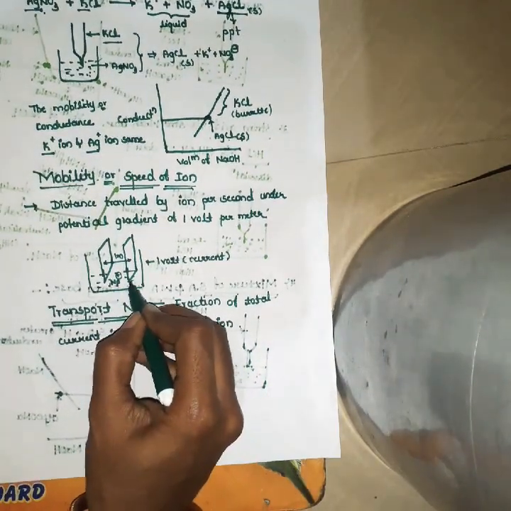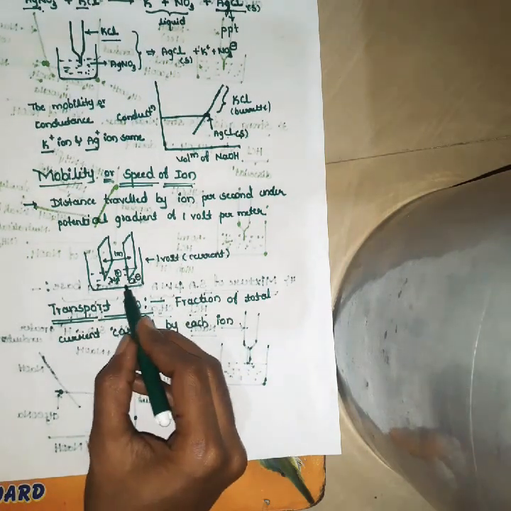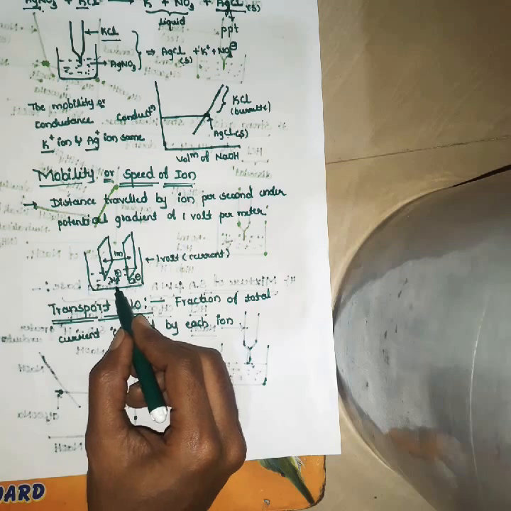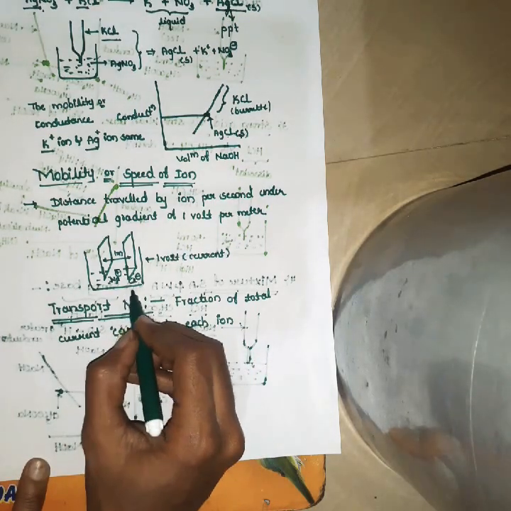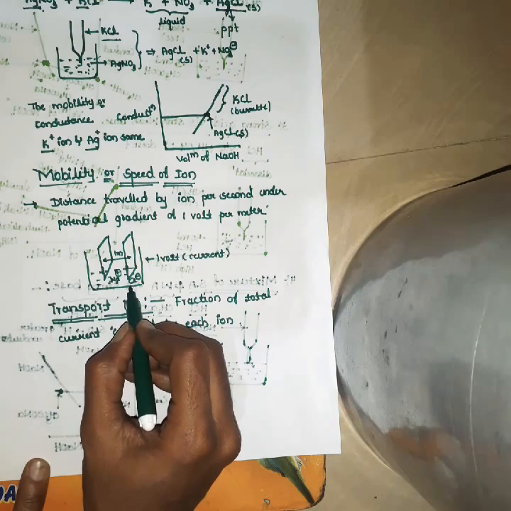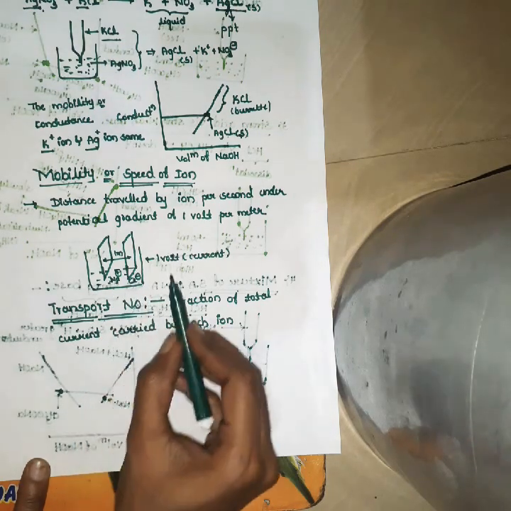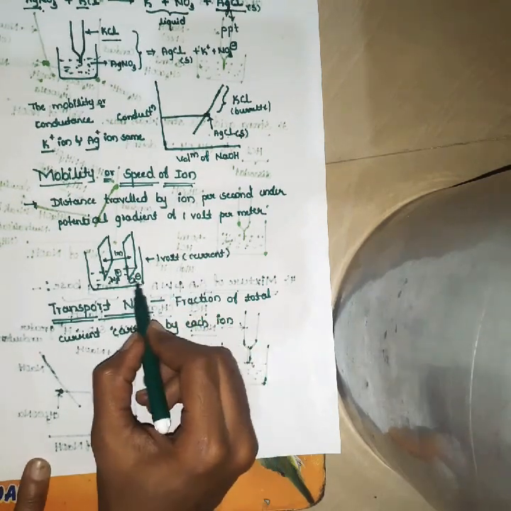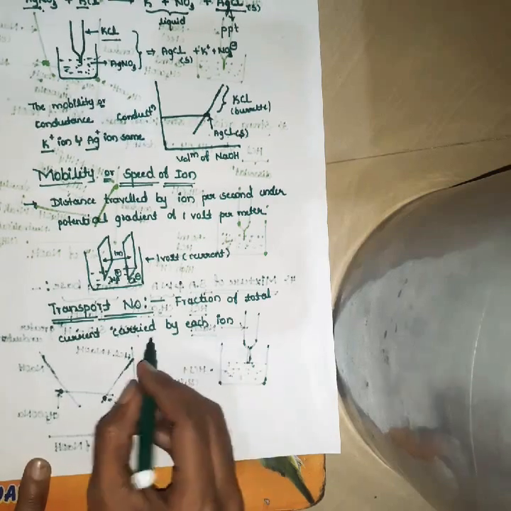Consider Na+ and Cl-. Two ions will be there. How do we calculate the transport number of NaCl, where 2 ions are present in the solution? We apply 1 volt. The transport number is the fraction of total current carried by each ion.